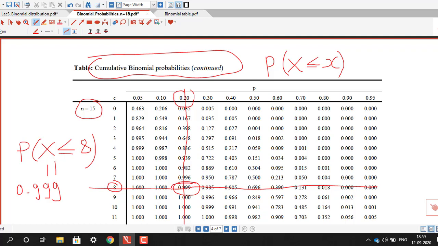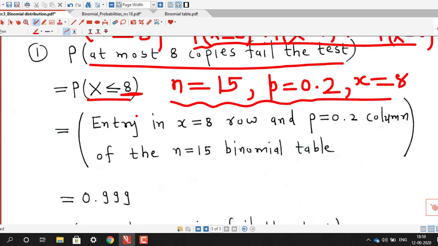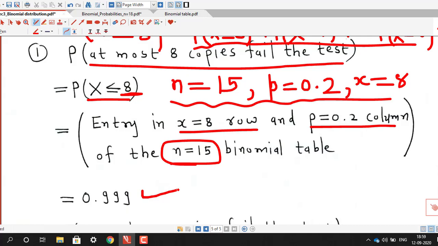So this is the value which is required. Okay, so using table we can quickly find out this probability. So probability that x is less than or equal to 8 is entry in x equal to 8 row and p equal to 0.2 column of the n equal to 15 binomial table, and that we see that it is 0.999.